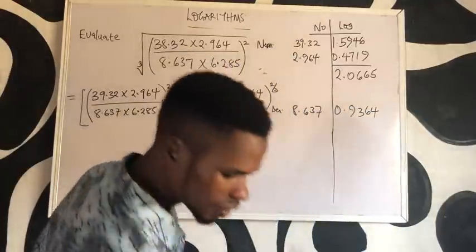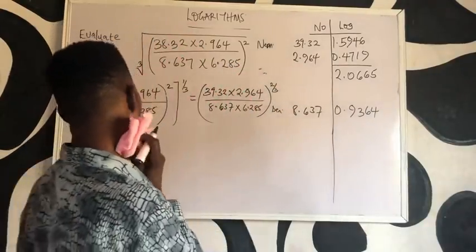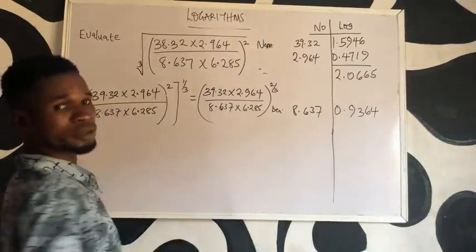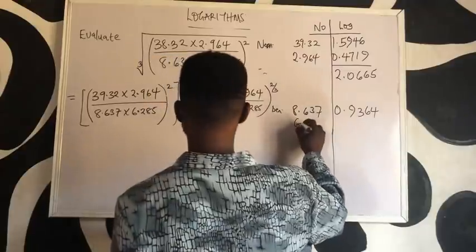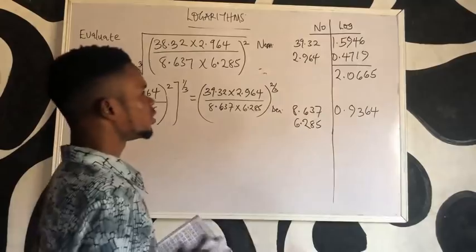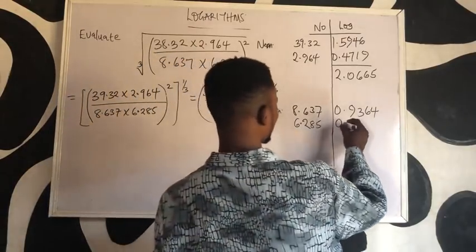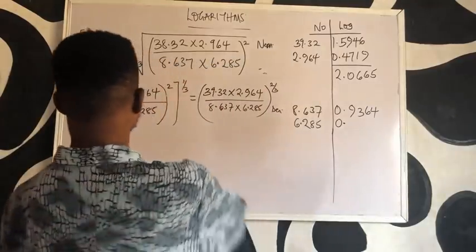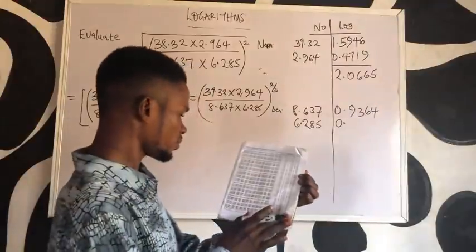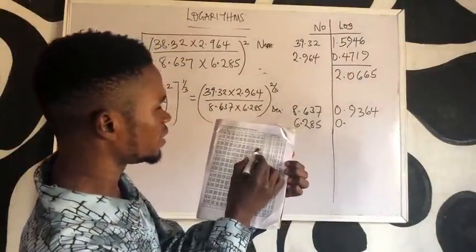So also we have 6.285 at the denominator. That's one number before the decimal point, 0 point. The logarithm of 62 under 8, difference 5. 62 under 8 is 7980.